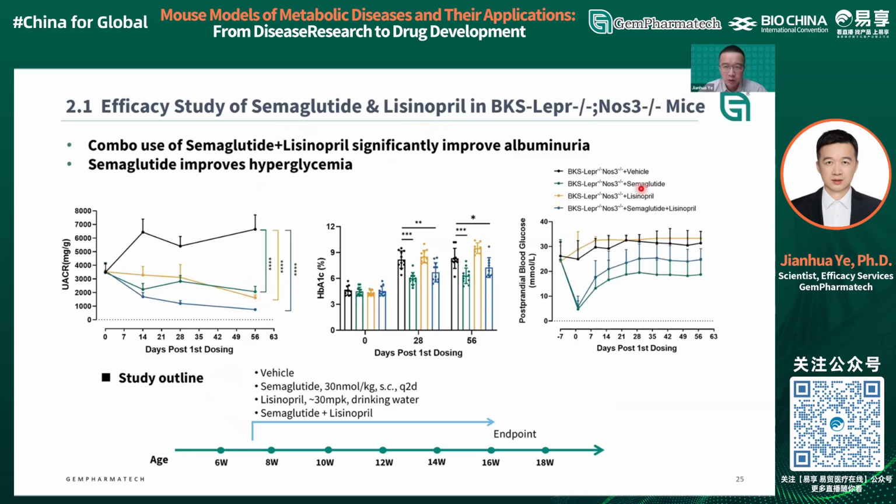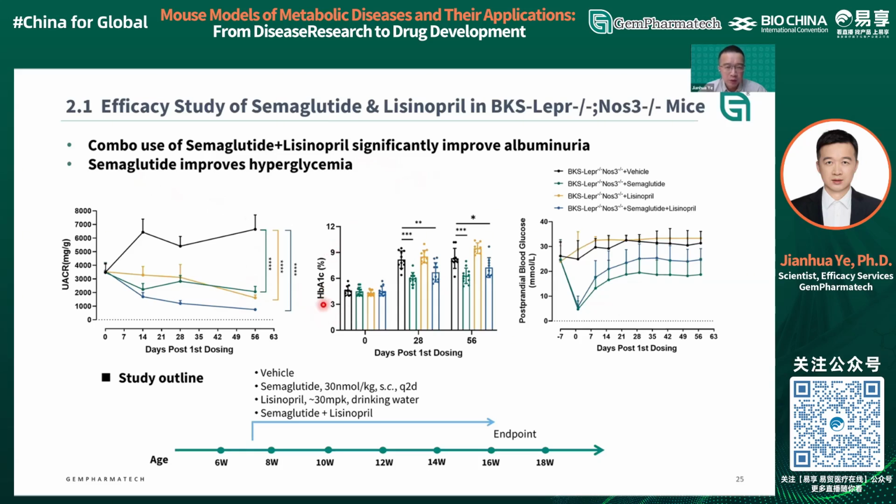The semaglutide is the green line, the yellow one is the lisinopril. They can indeed reduce the UACR, but if we combine these two medicines together, they show better results. So this means that the combination use of these two medicines can improve the proteinuria phenotype.